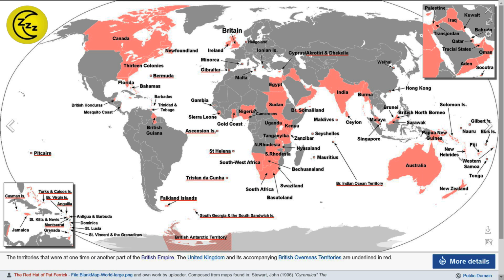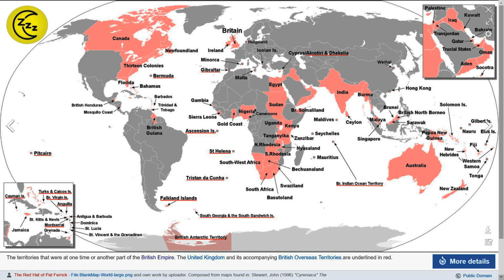The slave trade acquired a peculiar importance to Britain's colonial economy in the Americas, and it became an economic necessity for the Caribbean colonies and for the southern parts of the future United States.